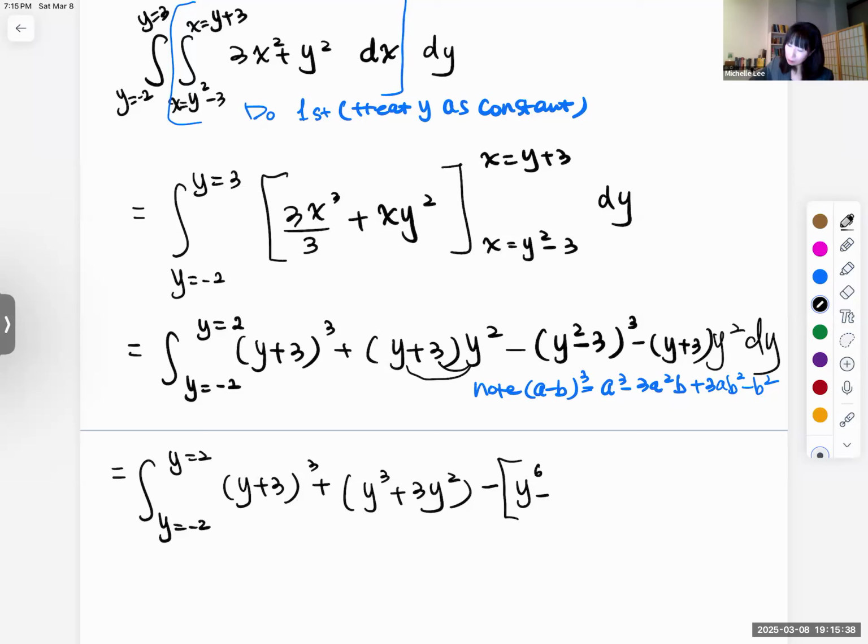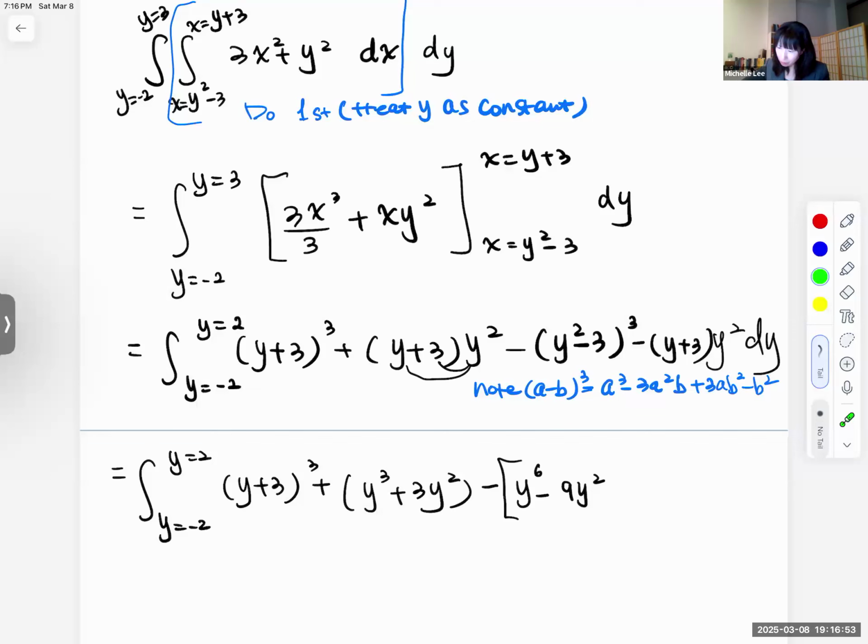All right, then negative 3a squared b. Hold on one second.